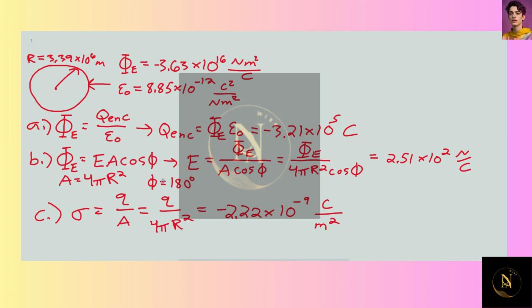We're assuming that Mars is a perfect sphere, and the surface area of a perfect sphere is 4 pi r squared, where r is the radius. We already looked up that data. So we use the definition of flux and rearrange to solve for the electric field. With a little bit of algebra, the electric field is the flux divided by the surface area times the cosine of phi.